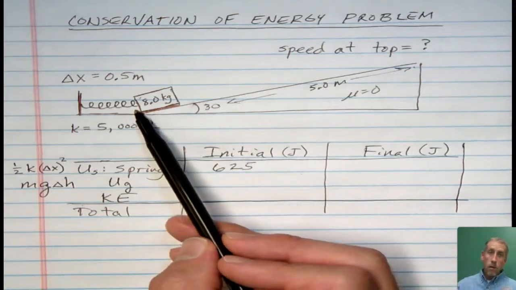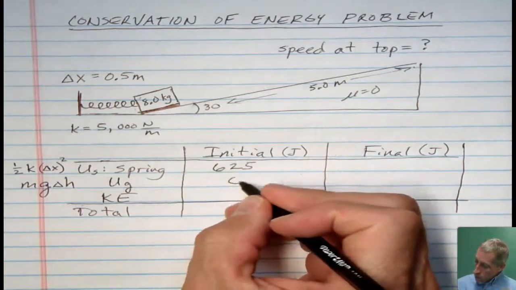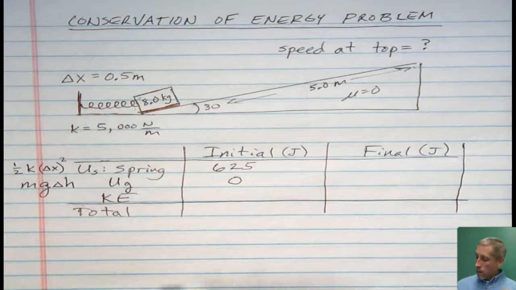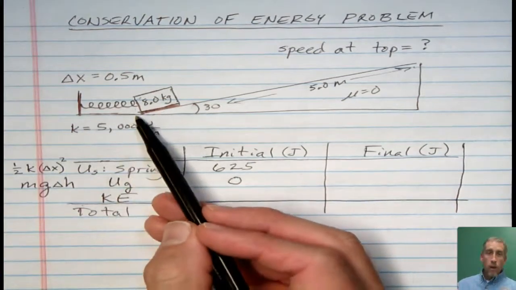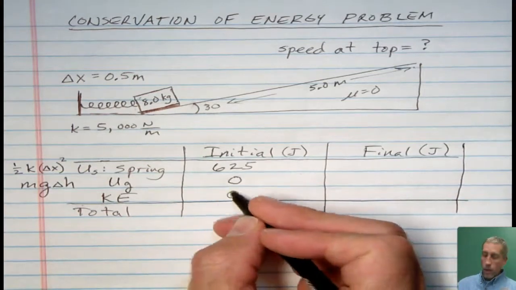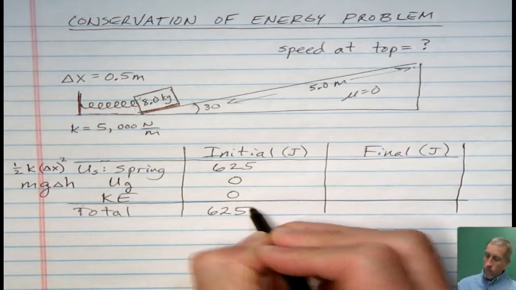It's pretty nice in this case because that also is the lowest point that we have, and so 0 is a convenient thing to put in for this initial. And kinetic energy, well, I haven't let go of it yet, so I also have no kinetic energy at the beginning. So you see I have 625 total joules of energy.